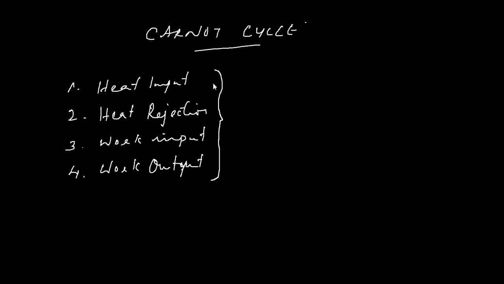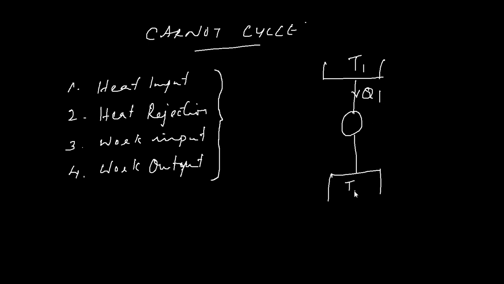Now, we mentioned in a previous video that for a cycle you will have a high temperature source from where heat of Q1 is flowing into the system, and a low temperature source where you will have a heat rejection, and you will also have a work input and work output.